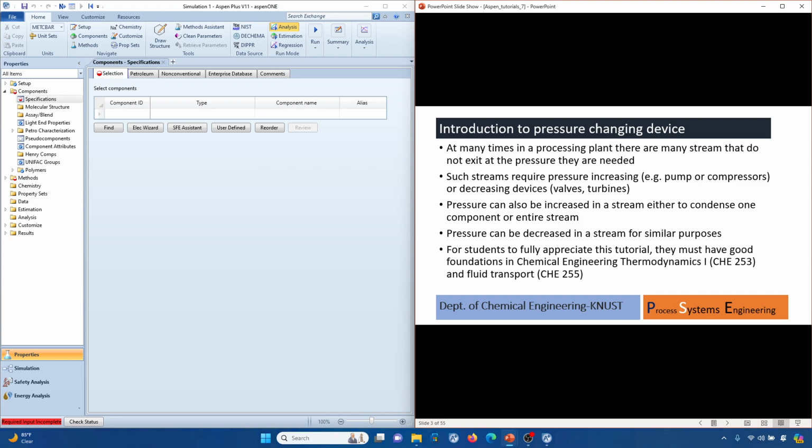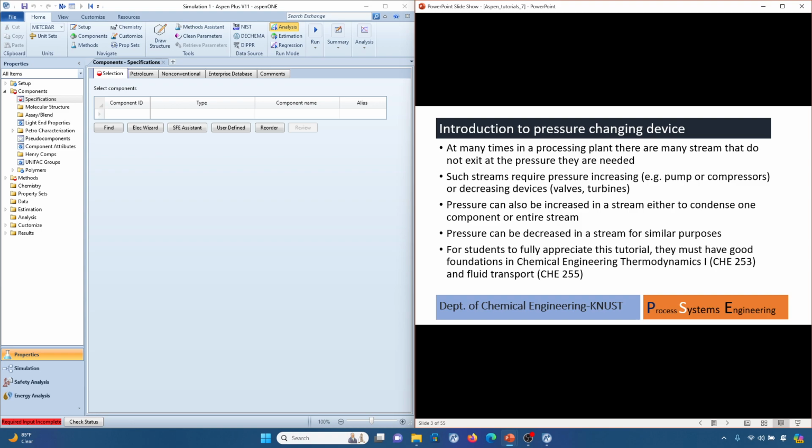Sometimes in a process plant, you might require some stream at a certain pressure or an elevated pressure. You might want to drop the pressure in the stream as well, especially for certain processes that require high pressures, like certain reactions and mass transfer operations. You need pressure changing devices to change the pressure of the stream to the desired pressure.